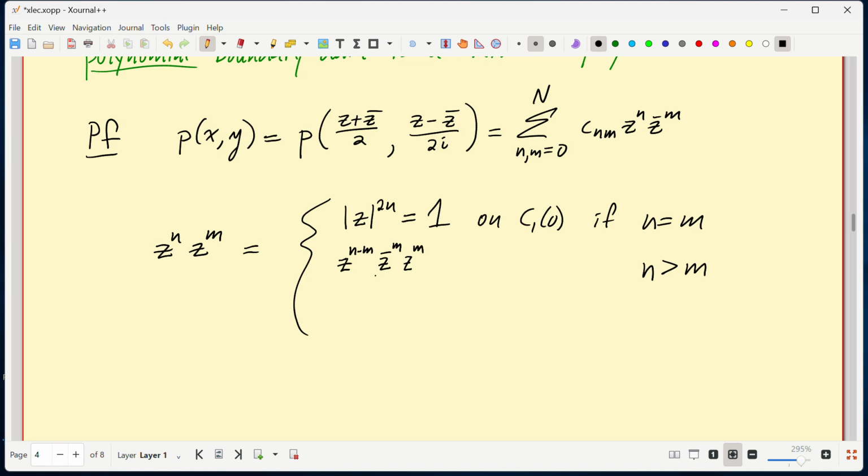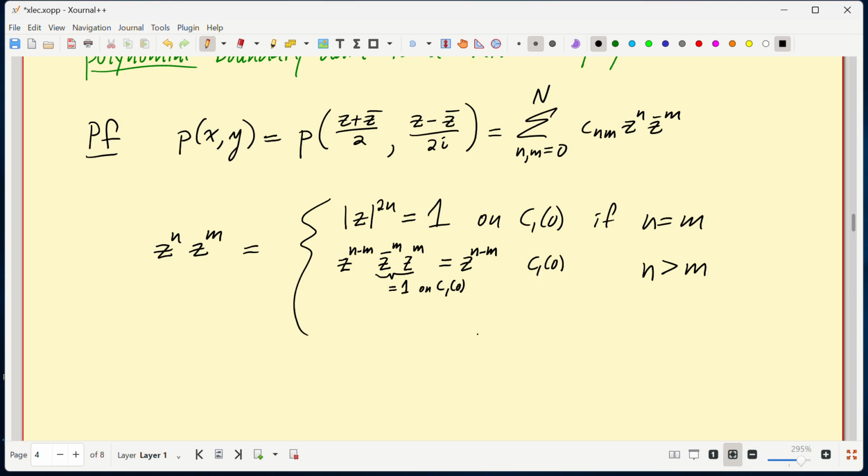And this is equal to 1 on the unit circle. So this is equal to z to the n minus m. That has a harmonic extension as u plus iv, where the u and the v are both harmonic.